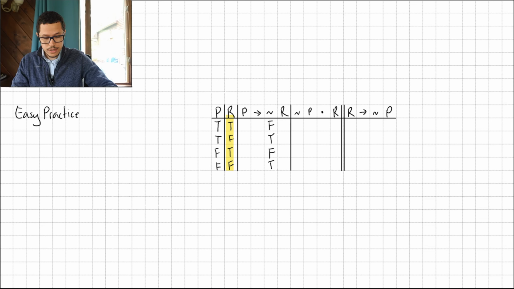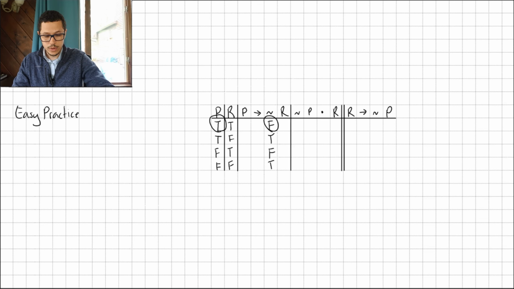Okay, so moving on. Now let's erase this and evaluate the conditional. Just as a reminder, a conditional is false when the antecedent is true and the consequent is false. And the conditional is true under all other conditions.